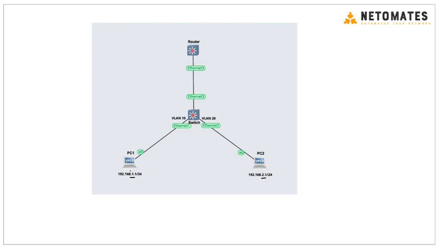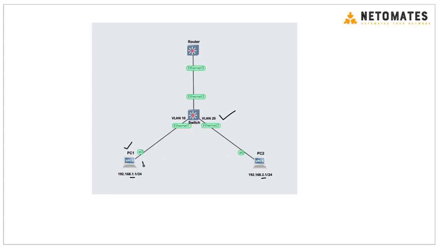To isolate the broadcast traffic from PC1 to PC2, what we did is we created VLAN 10 and assigned it to the PC1 network, and VLAN 20 where it is connected to the PC2 network.